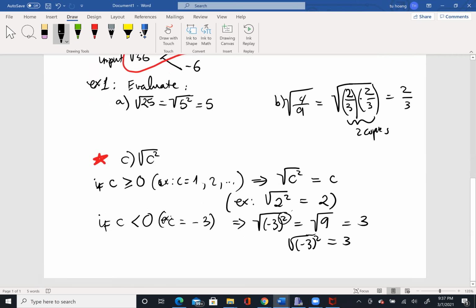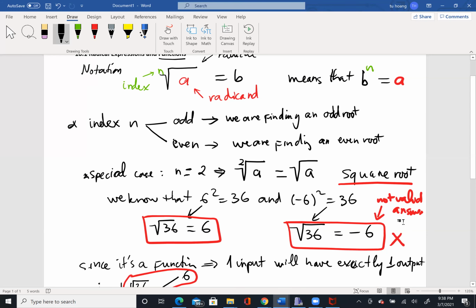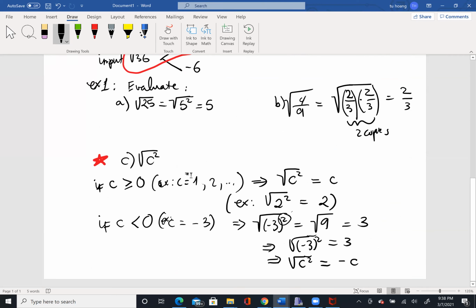So from the square root of c squared, instead of having c, now I have the negative of c, a different sign between the first c and the output.